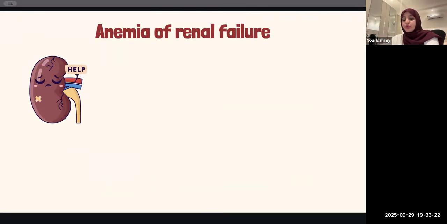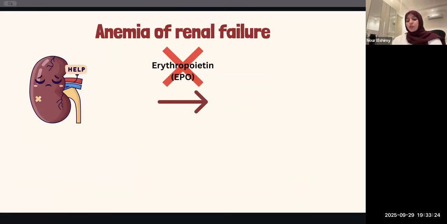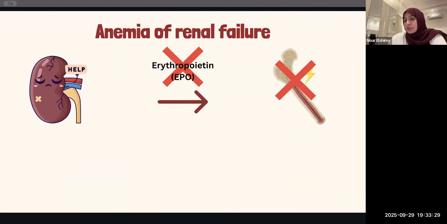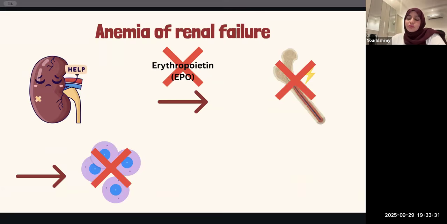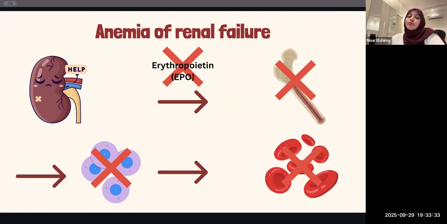Obviously, it's not going to be able to produce erythropoietin anymore. So erythropoietin is not going to be able to go to the bone marrow and stimulate it. So we're gonna have less production of red blood cells, even though the already existing red blood cells still have their normal size and normal hemoglobin content. And that's why we call it normocytic normochromic anemia.